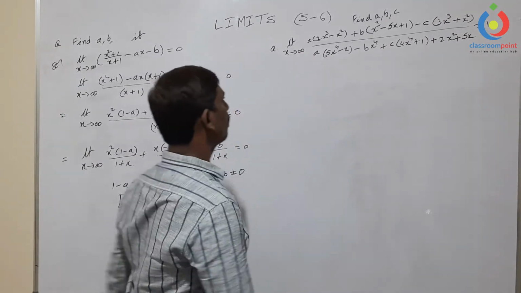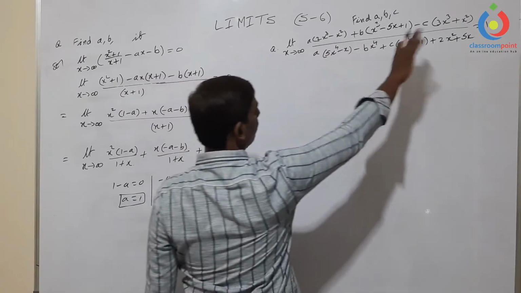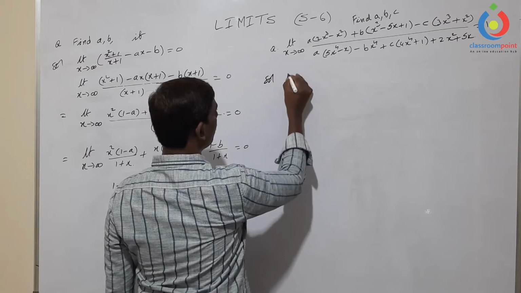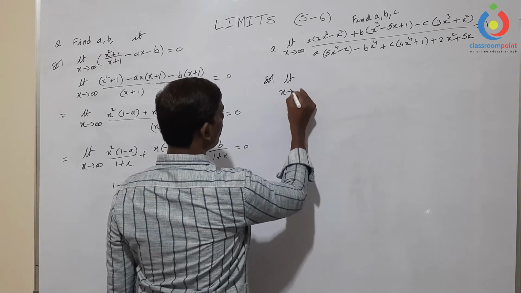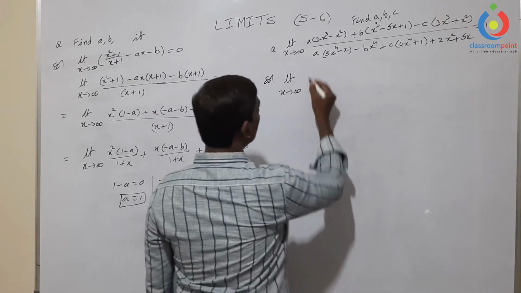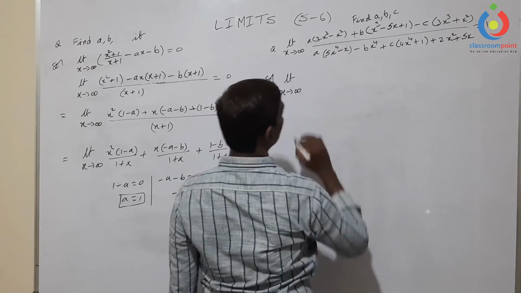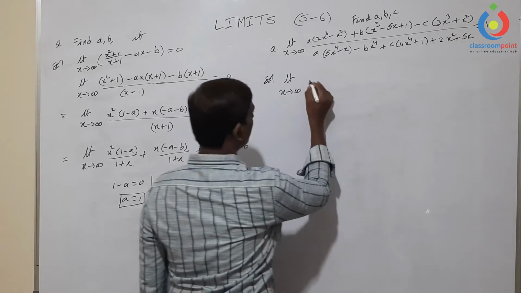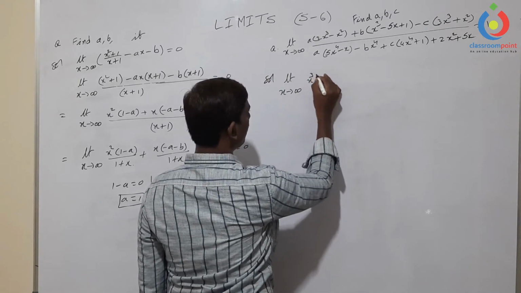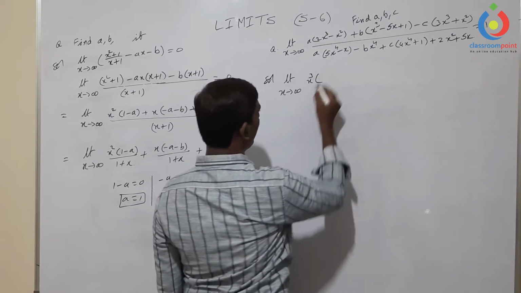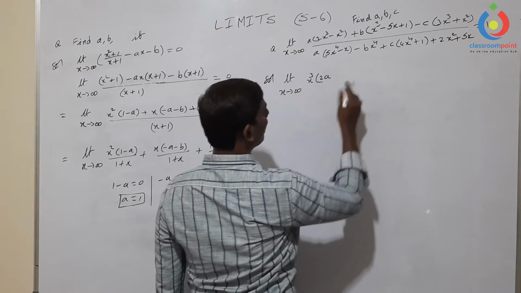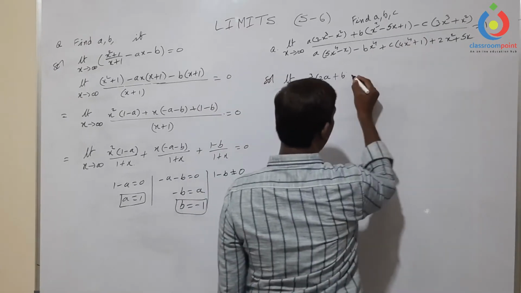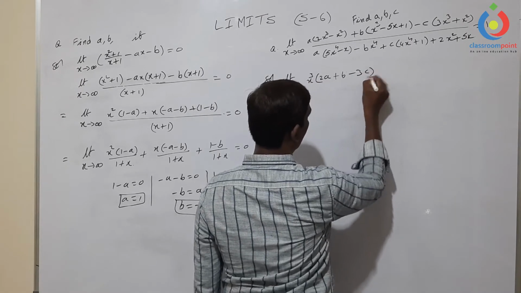What to do here? We'll do one thing. First of all, separate the coefficients. The coefficients, limit x tends to infinity. Here x cube quotient is 2a, here x cube quotient is b, here x cube quotient is minus 3c. So I will take x cube outside: 2a, next plus b, next minus 3c.